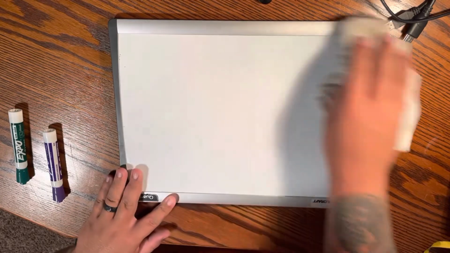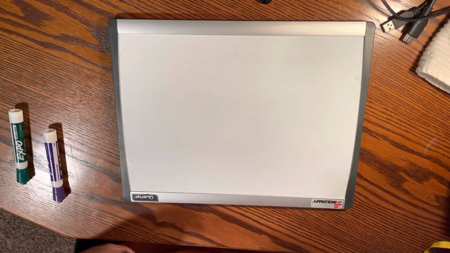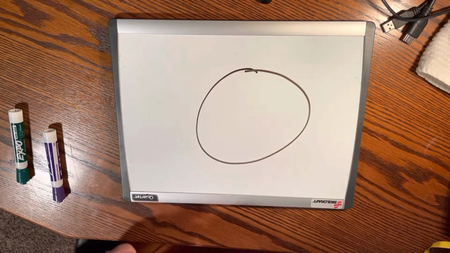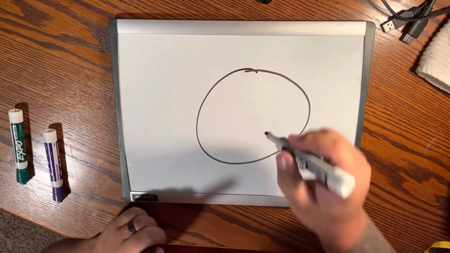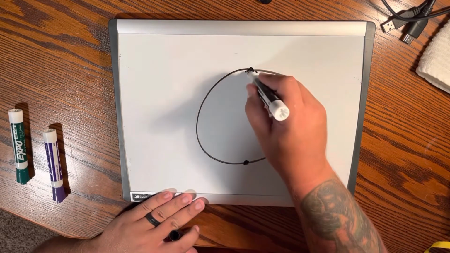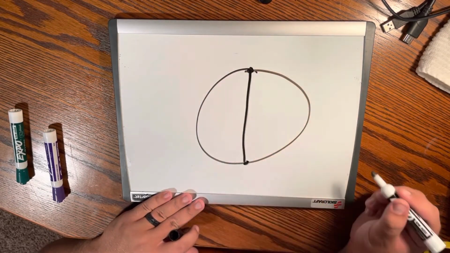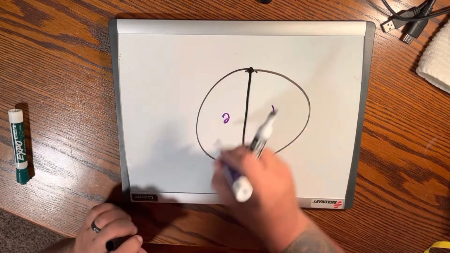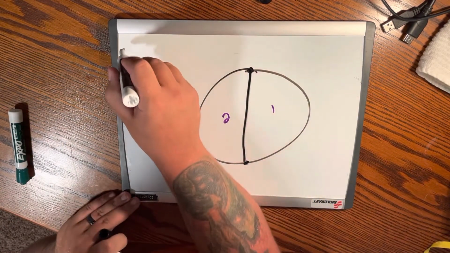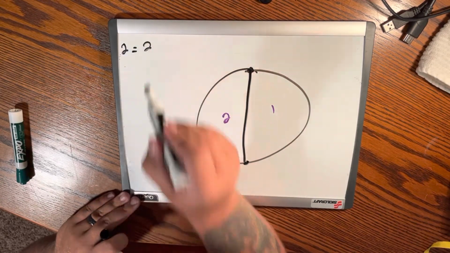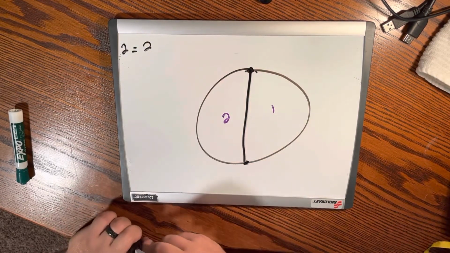Let's start back at 1. There's a circle. Okay, let's start with 2 points, 1 segment. All right. So we got 1 and 2 spaces. So at 2 points, we have 2 regions.